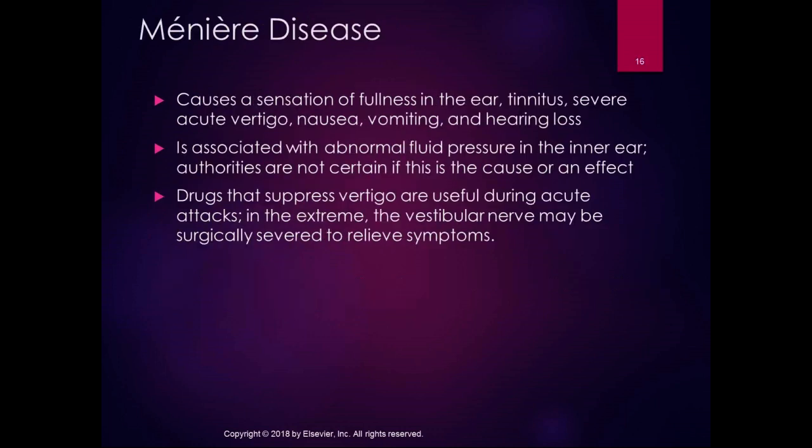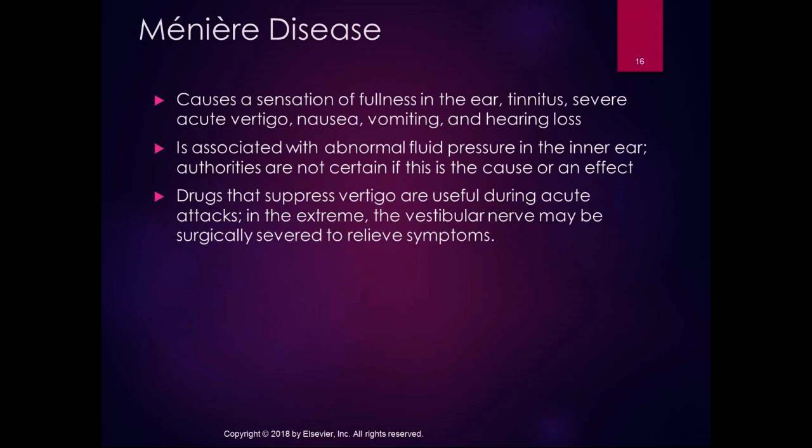Meniere's disease, it is idiopathic. They're not really sure what causes it. It causes sensation of fullness in the ear, tinnitus, which is ringing in the ears, severe acute vertigo, nausea, vomiting, and hearing loss. And unfortunately, the hearing loss in Meniere's disease is irreversible. It's associated with an abnormal fluid pressure in the inner ear, but it's not certain whether the abnormal fluid pressure causes the problem or is an effect of the problem.